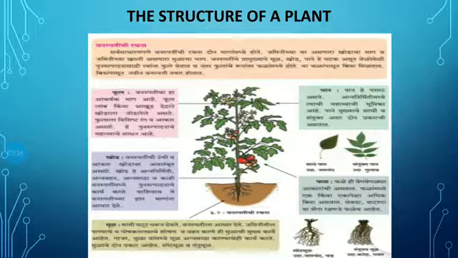Okay. So this is the information about the structure of a plant. In this structure we have seen the structural parts step by step, like root, stem, leaf, flower and finally fruit.